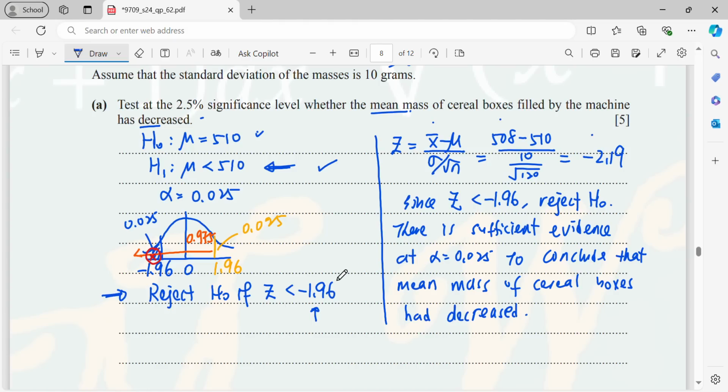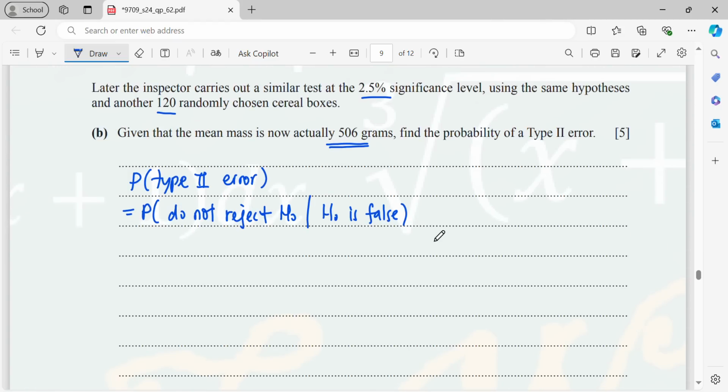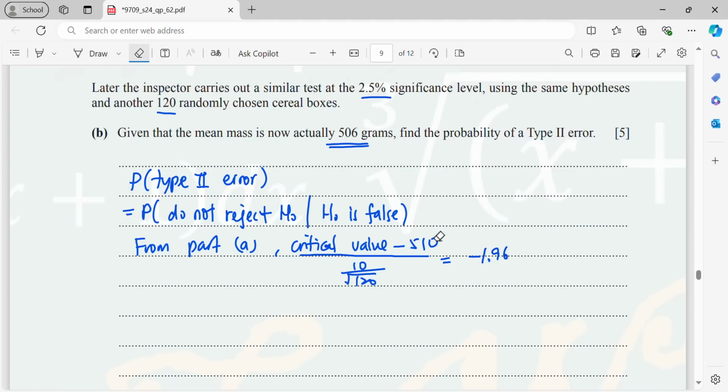So now I need to find out what the critical value is. From part A, I will write: critical value minus 510 over 10 over square root 120 equals negative 1.96. Let it be A.